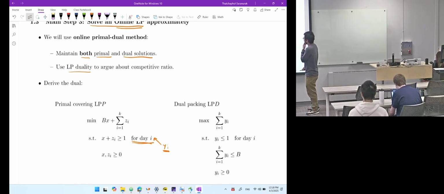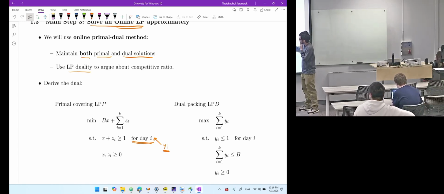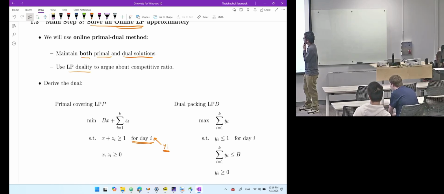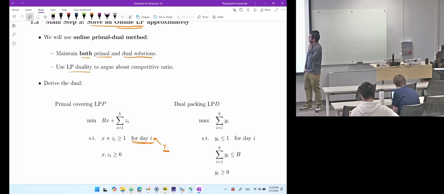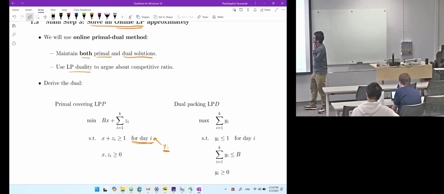So what do we have? We have the variable y on the dual, right? For each day, yi is at most 1, and the sum of all the y is at most b. And we just want to maximize the sum of yi.